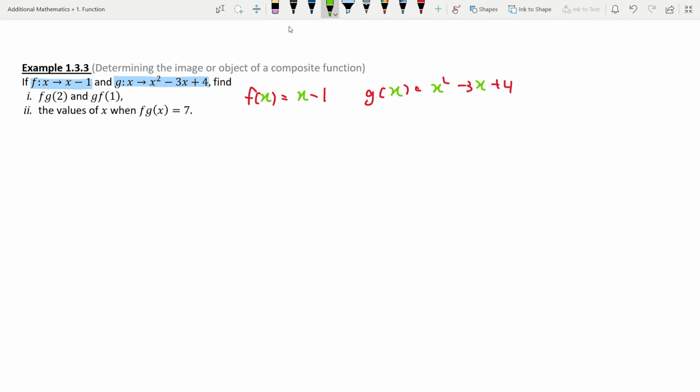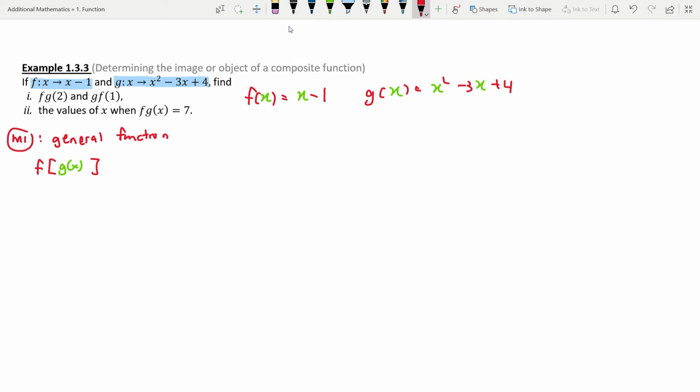For this kind of question, we have two ways of solving it. I will show you the two methods. Method 1, find a general function for fg. First, we need to find a general function of fg, f of g(x).